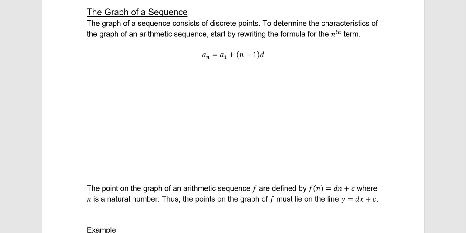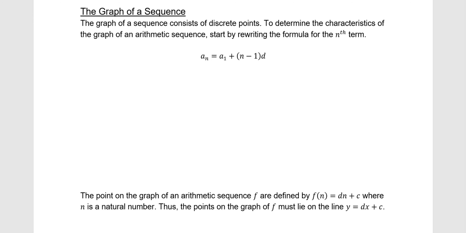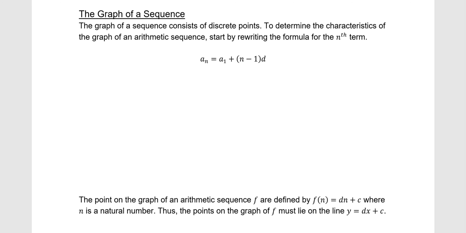So let's go ahead and start by distributing the d, and let's see what happens here. We're going to have a sub n equals a sub 1 plus nd minus d. And let's rearrange this a little bit. I'm going to rewrite this as nd plus a sub 1 minus d.